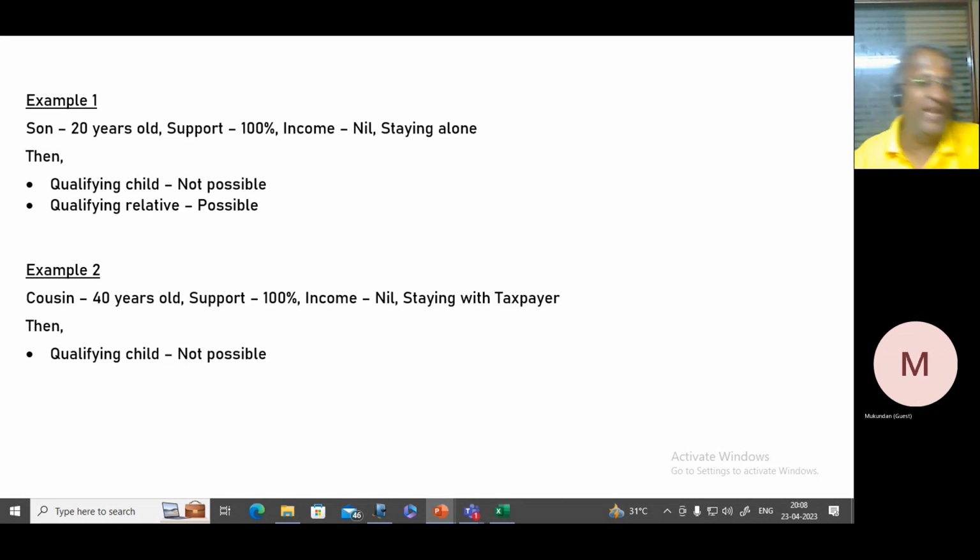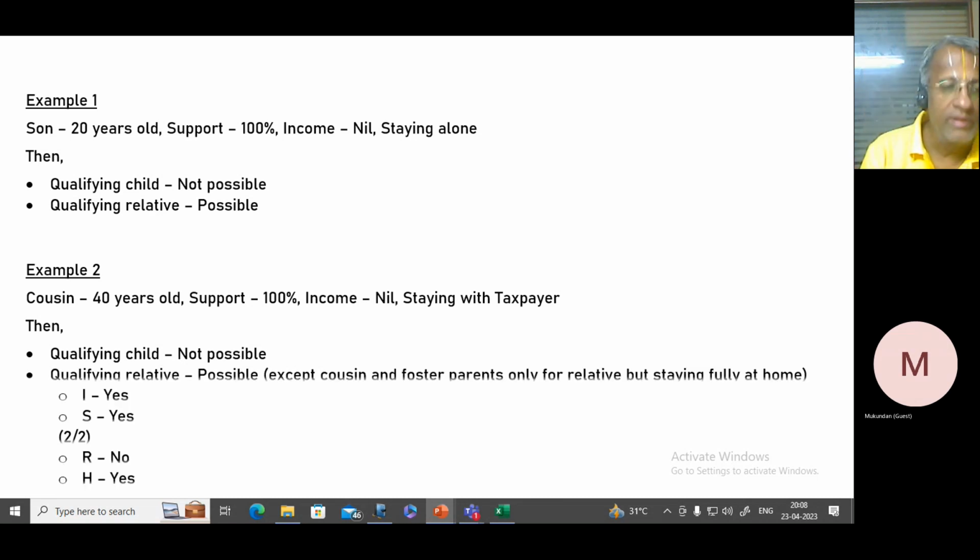What is a qualifying relative? So I, income: no income. 2, support: 100%, more than 50% itself is sufficient. Then he is not a relative, but he is coming under household. That means he is staying with the taxpayer 100%. Therefore, possible, except cousin and foster parents, only for relative, but staying fully at home.